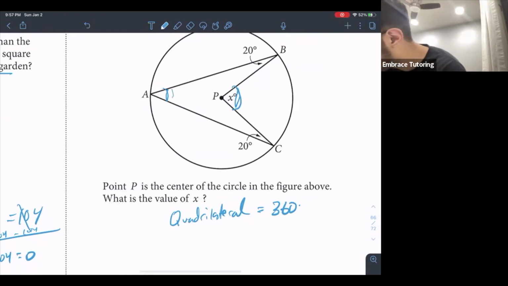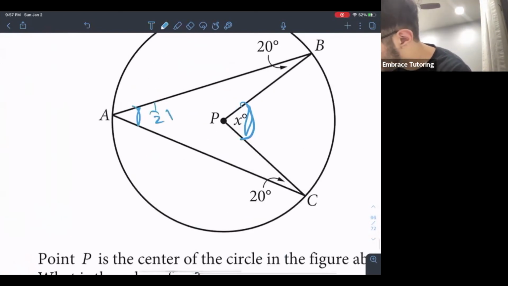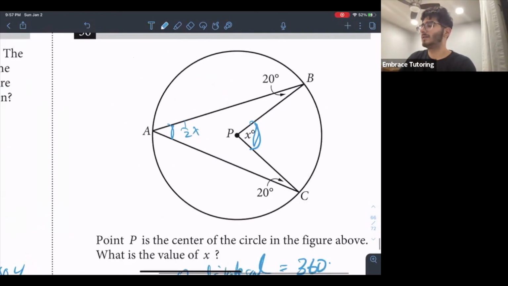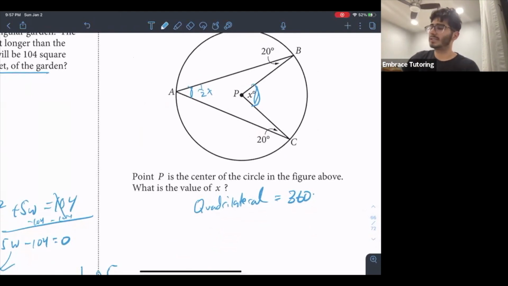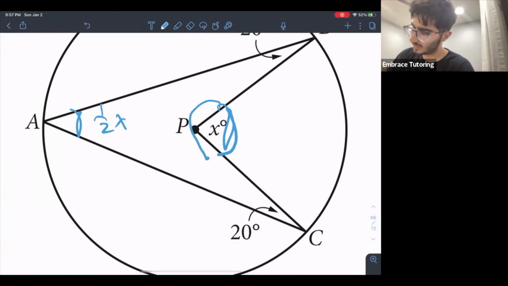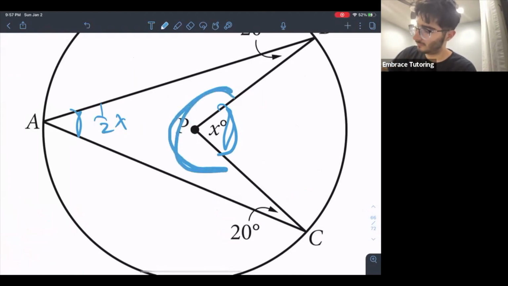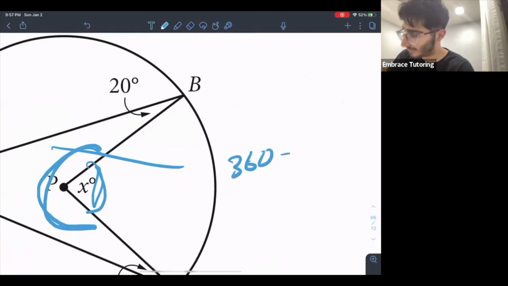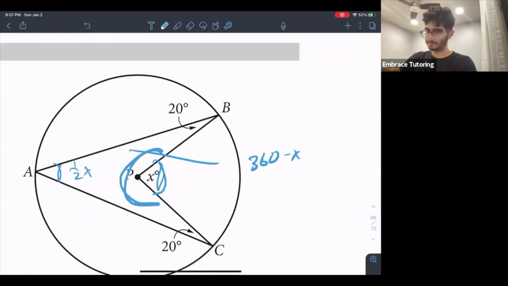This angle has to be 1/2 its value, so it'd be 1/2 X. Then, since this value is X, this value right here would be 360 minus X, because the whole circle is 360 degrees, and if you subtract the X, that's the value of this angle.